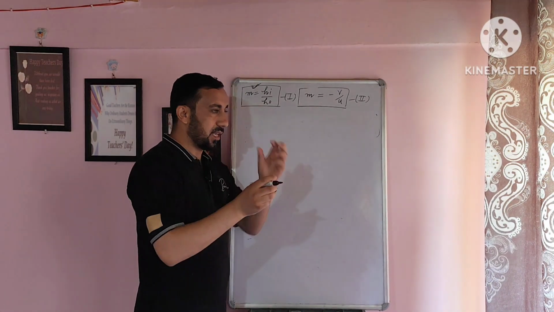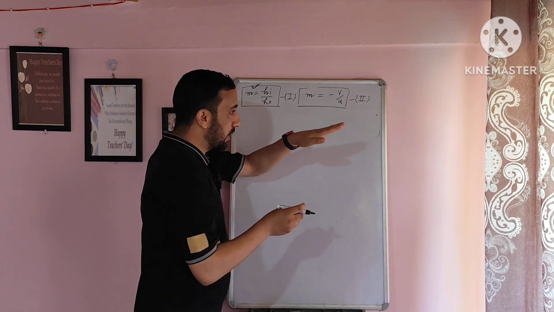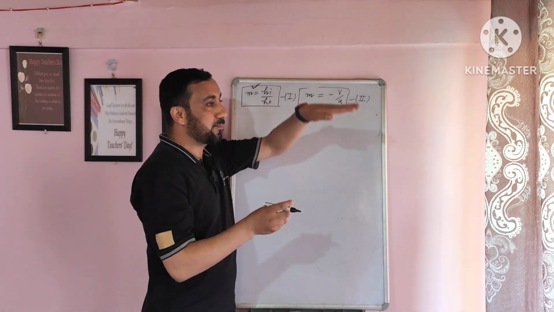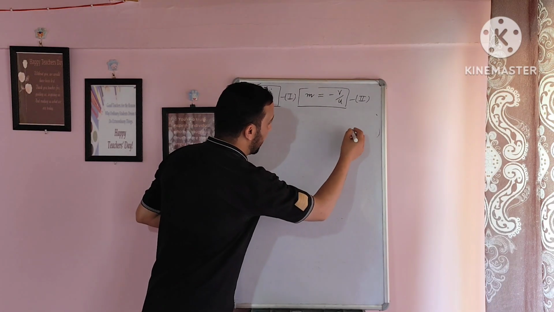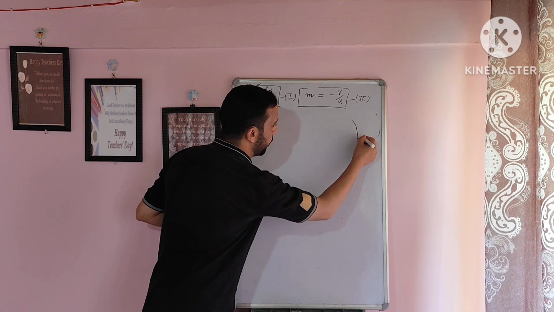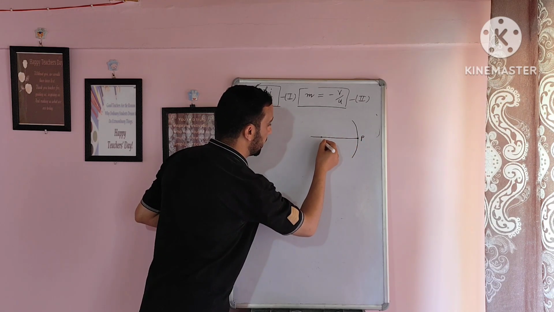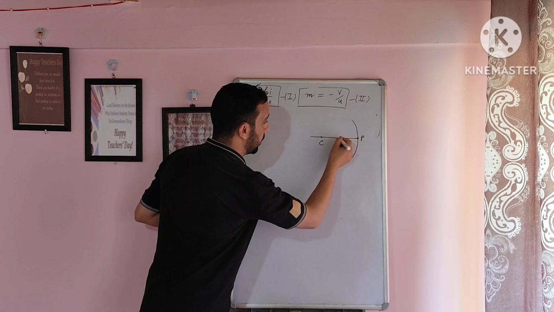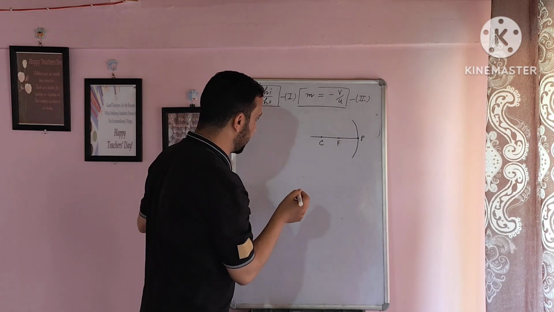Let's recall that the object is always placed above the principal axis, so let's revise a little bit. This is your pole, this is your C, this is your F, the principal focus and optical center.